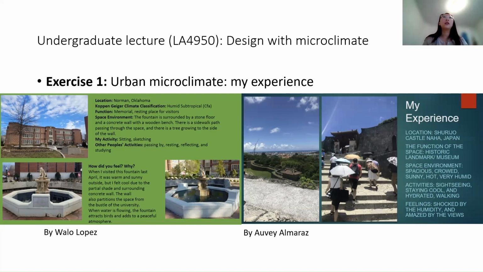For example, those 2 are different assignments from my students. The left one is just a campus area at the University of Oklahoma, and she said she passes it every day. She described this environment and some thermal feeling. This one is from another student, from his travel to Japan.